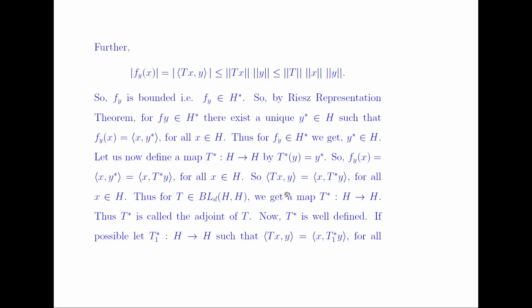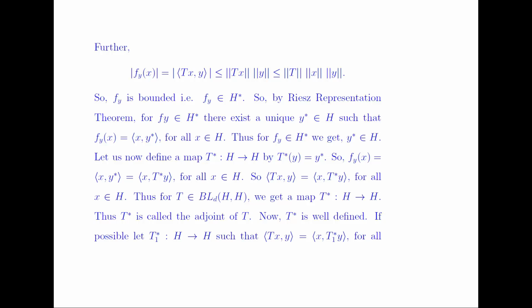So the inner product of Tx, y is equal to the inner product of x, T star y for all x belonging to H. Thus for T belonging to the collection of bounded linear operators, we get a map T star from H to H called the adjoint of T. So now we have to prove that this T star is well defined.